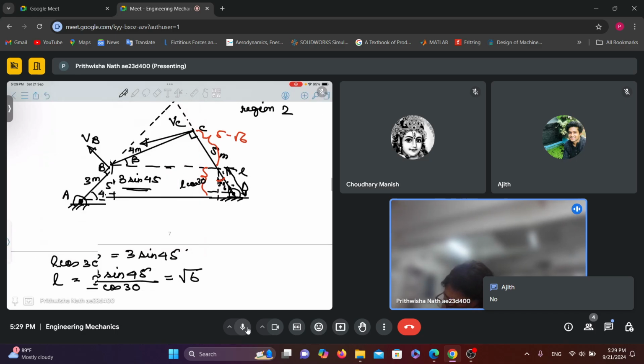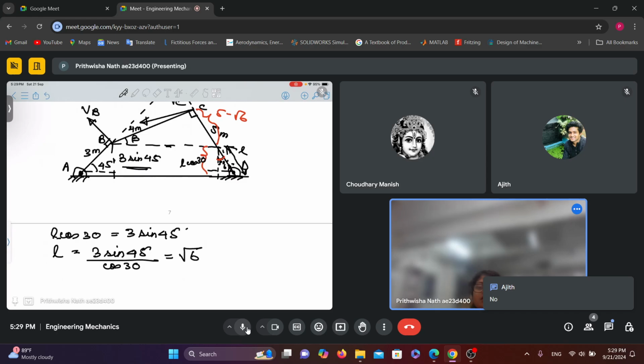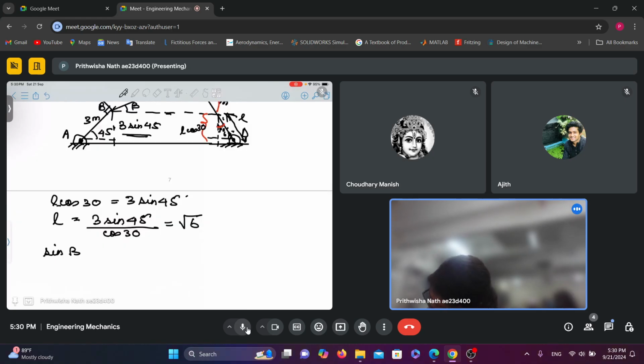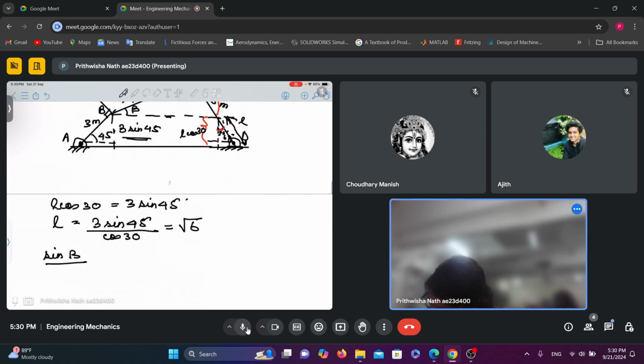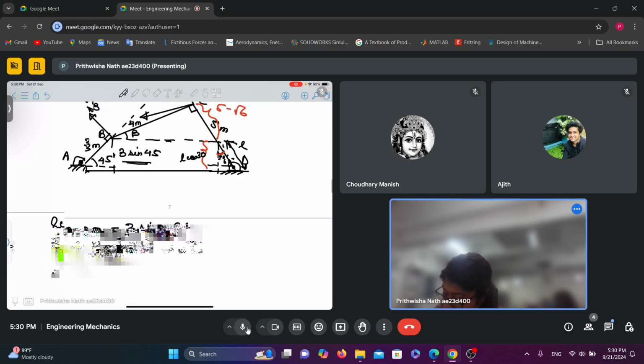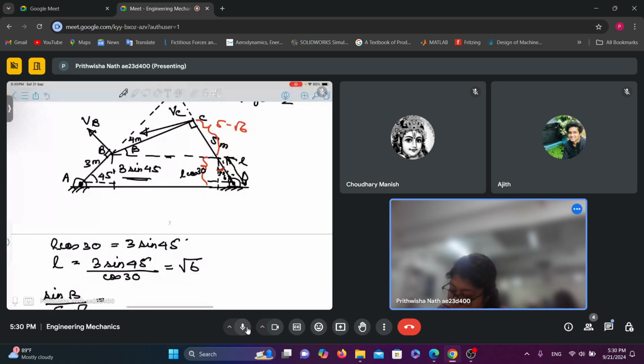Okay. So now I can just use the sine rule to find angle beta. So sine beta, the opposite side is 5 minus root 6, equal to, can you tell me what is this angle?